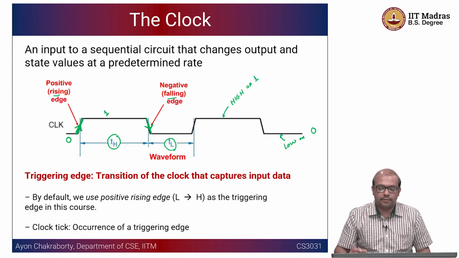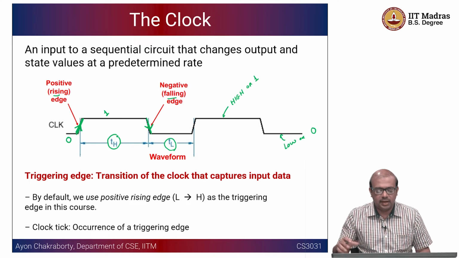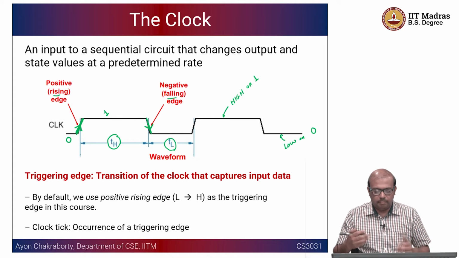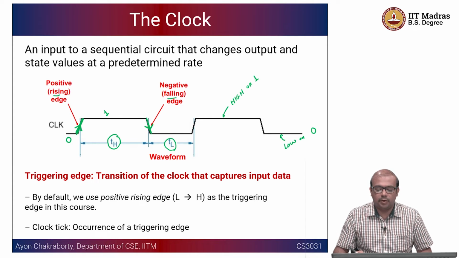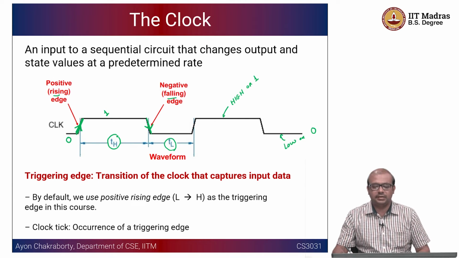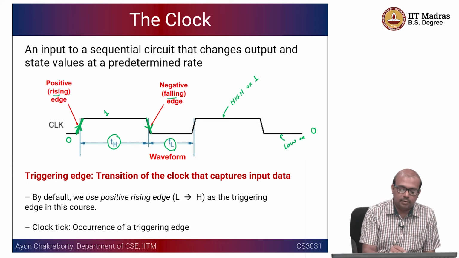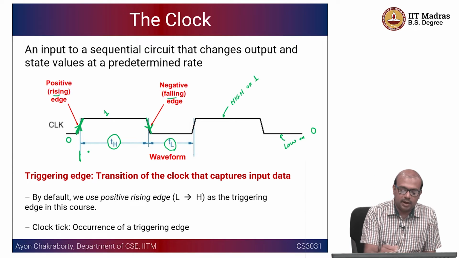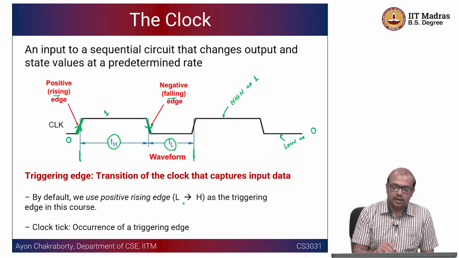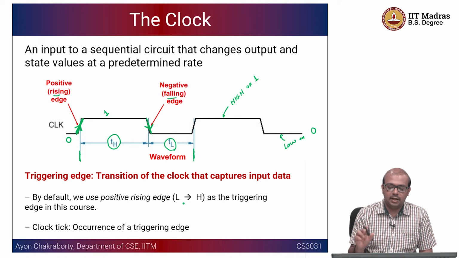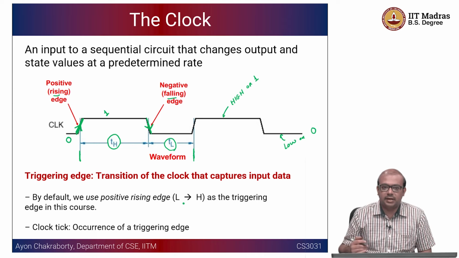Okay, so we have some value for t high, we have some value for t low, and there are multiple applications where this ratio of t low by t high plus t low could be changed, and it has various applications. We are not going into details of that, but at least what you can understand is that one particular cycle, from this blue line to this blue line, constitutes one cycle, and you can have n number of cycles per unit time.